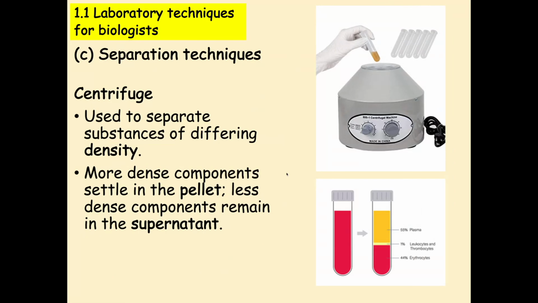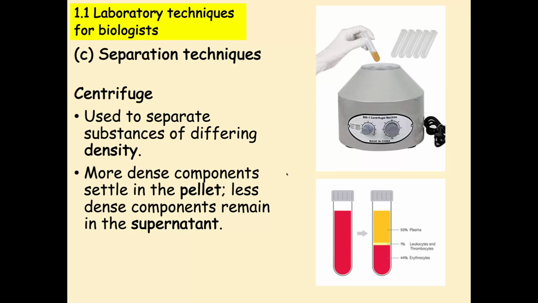Another separation technique is the use of a centrifuge. I mentioned it earlier on as perhaps something that could be a potential hazard, and that's because when you place your tubes into the centrifuge, it spins very, very fast. Almost unbearably loud as it spins stuff around, and that's even with the sticky pads that hold it on the lab bench. But what is the purpose of the centrifuge? Well, it's used to separate substances that have different densities.